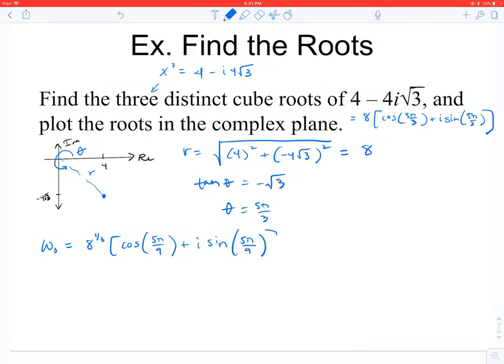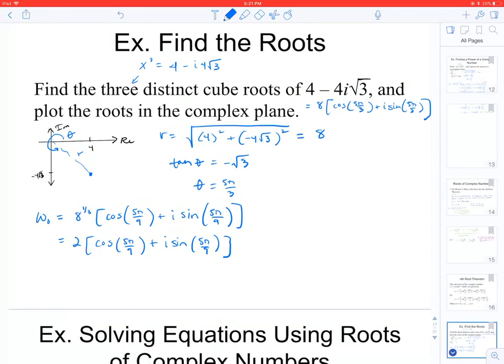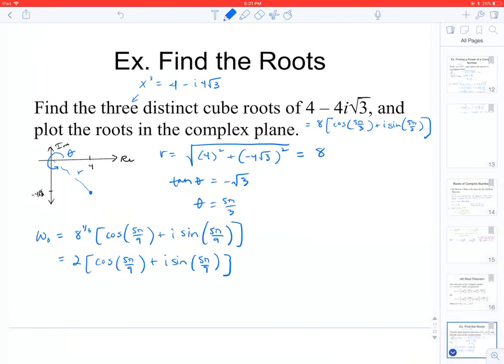So we'll get 5 pi over 9. And k is 0 for the first root. Okay, cube root of 8 will be 2. I'm just going to leave this in polar form.